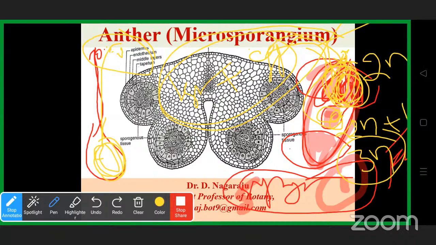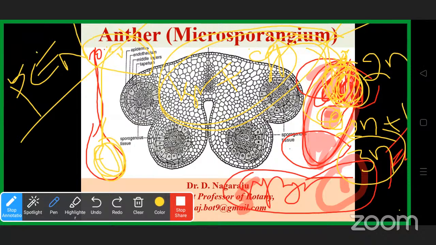PEN does not mean the writing pen. PEN means primary endosperm nucleus. That is formed by the secondary fusion, not the primary. By the primary fusion, the diploid embryo is forming.